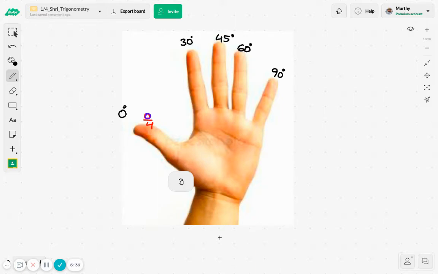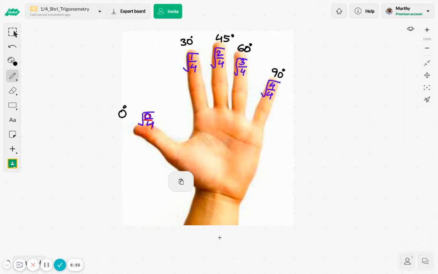My first fraction is 0 over 4, which is under the square root. My second fraction is 1 over 4 under the square root, then 2 over 4 under the square root, and then 3 over 4 and 4 over 4 is the last one.